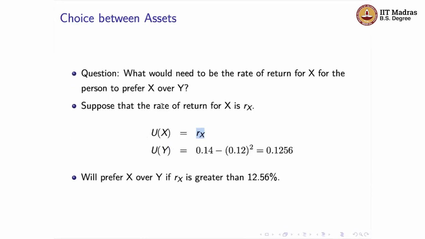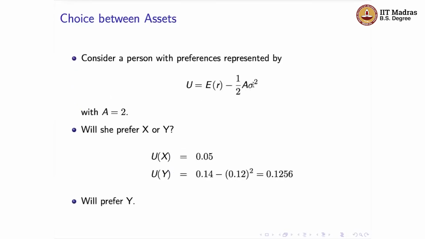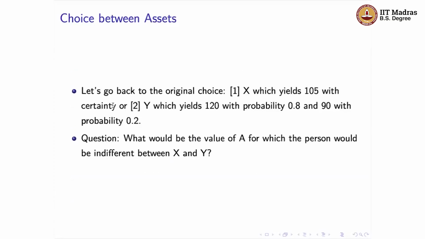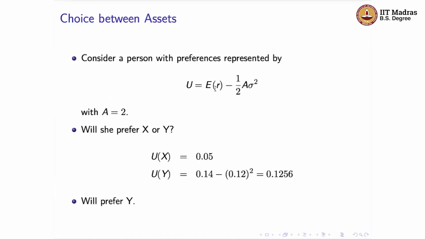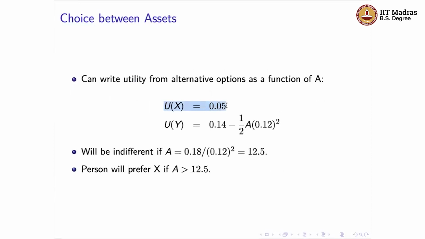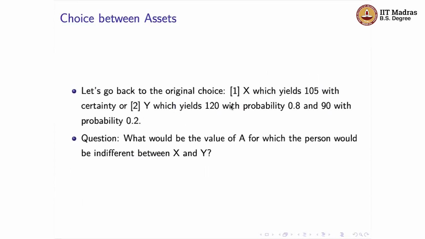Now, if you think about it, this was the utility function that we had, but now we are not putting in A equal to 2. What happens if you are choosing X? Well, in that case, sigma is 0, right? Because you're getting this 105 with certainty, but the expected return is 0.05, right? So then we are going to get that U of X is 0.05. What about utility from Y? Well, the expected rate of return was 14%, right?